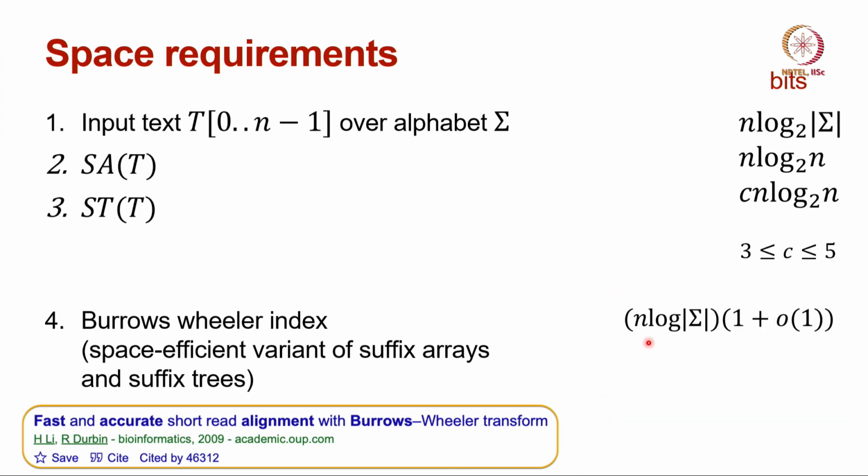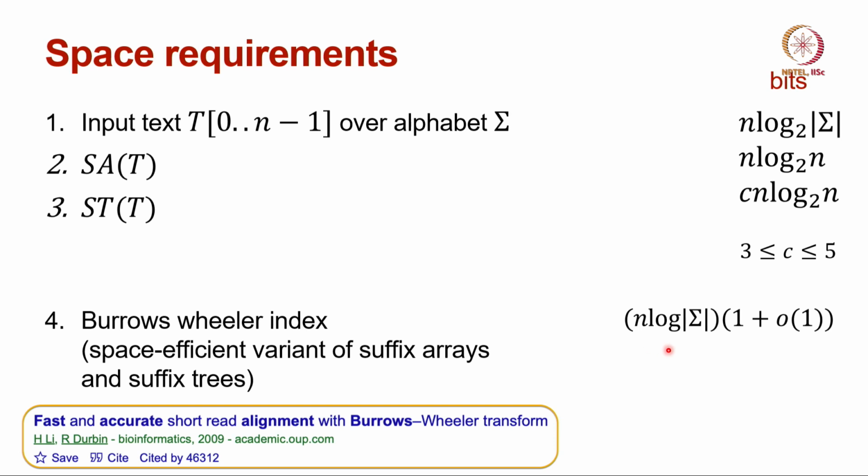It is going to use only n log sigma (1 + o(1)) space. That is the space used by the text itself plus another small amount of space for storing additional index.